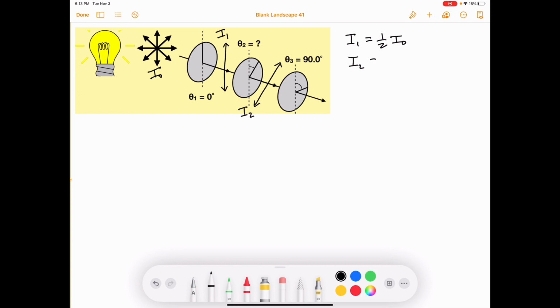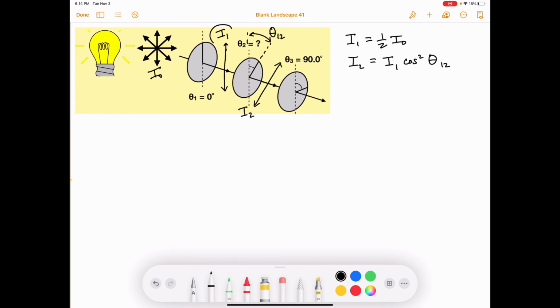And so the way this works in Malus's law is the transmitted intensity I2 is equal to the incident intensity I1 times cosine squared of an angle, which I'm going to label here as theta 1, 2. So that would be the angle between the polarization of this wave that has intensity I1 and the axis of the second filter. So let's label that. This angle is theta 1, 2.